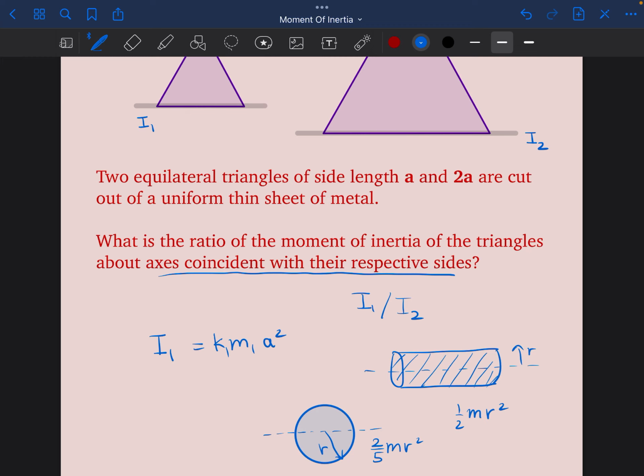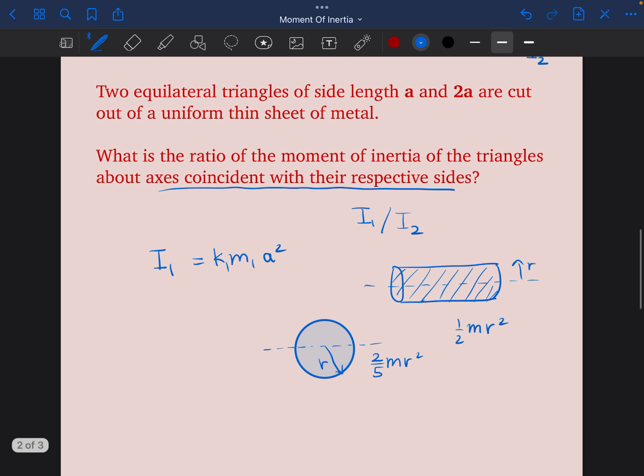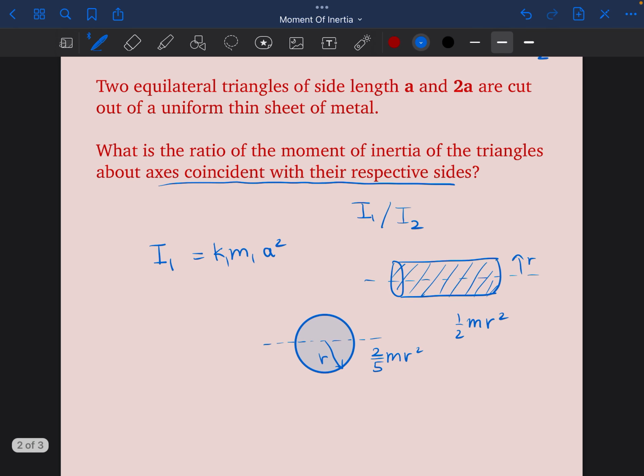So for example, for this sphere, if I want to express this result in terms of the diameter of the sphere, so the diameter d is equal to 2r, I can write 2 by 5 m times d by 2 whole square, right?